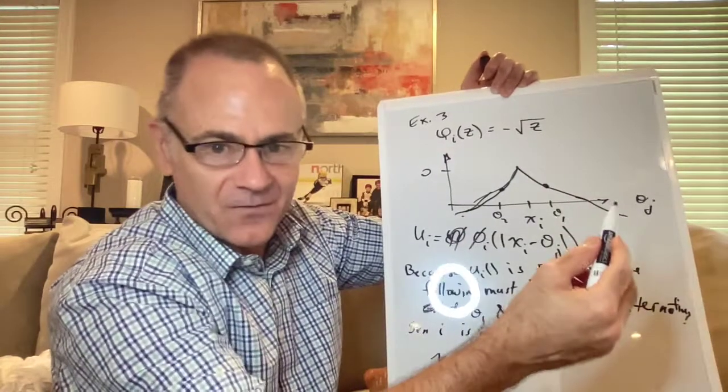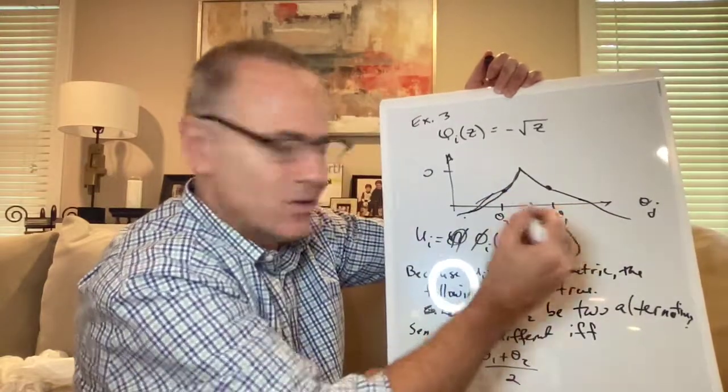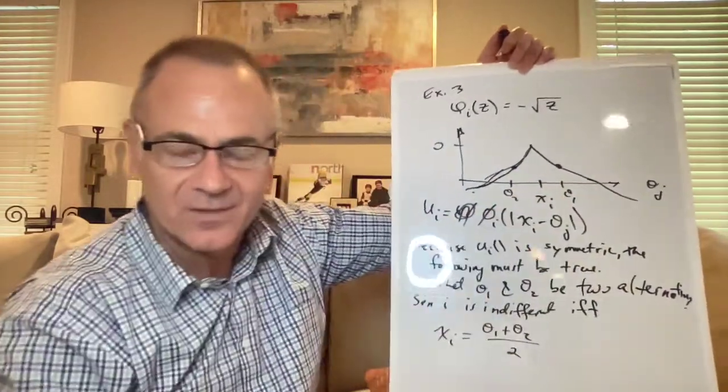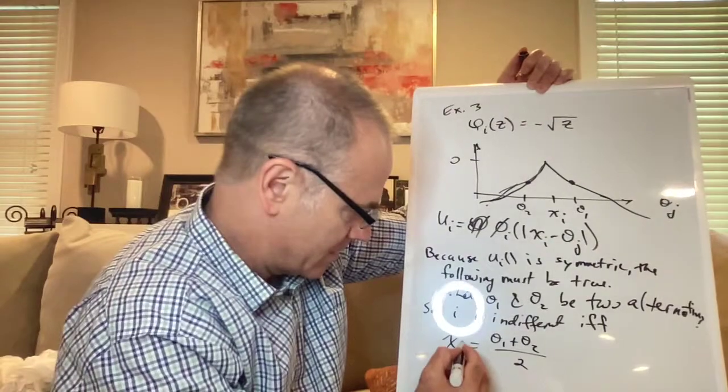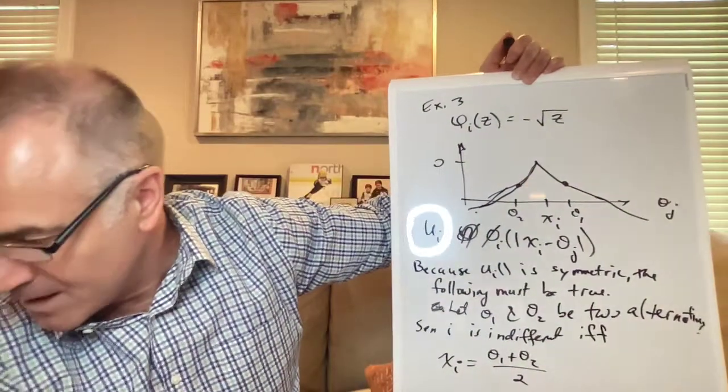And if they're the same distance from xi, it means that the midpoint of the two of them has to equal xi. Okay. So xi has to equal theta 1 plus theta 2, divided by 2. Okay. Next. Okay.